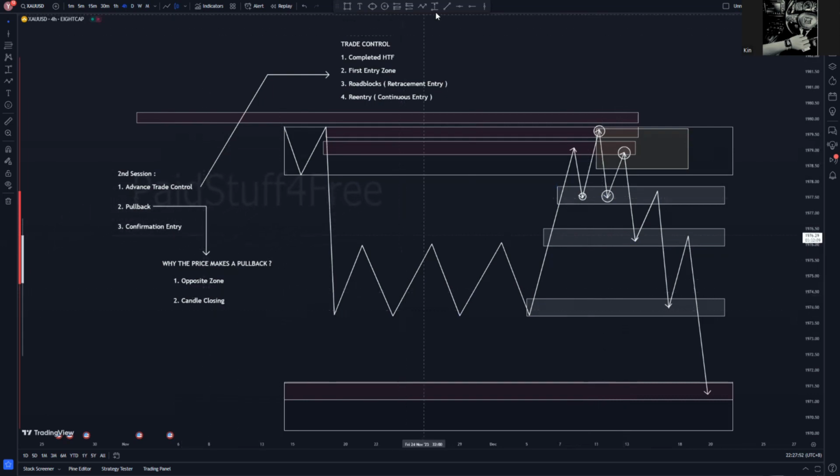And how about the second one? I am pretty sure this second one may be quite new for you guys, but I'm going to explain it anyway. We're going to have two rules.